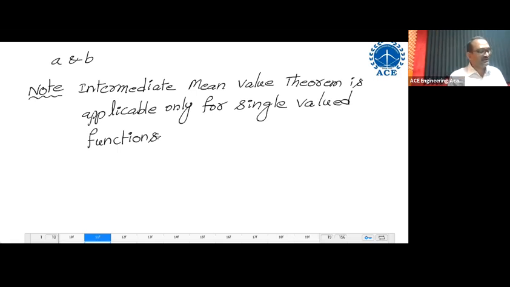Now let us enter into the subject. This is the introduction. Let us start the subject. The first topic is the bisection method. Topic number 1, bisection method.